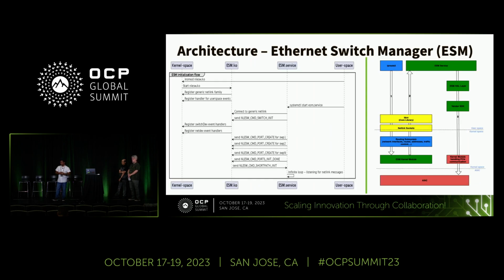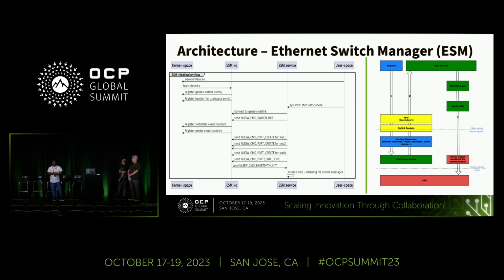Diving deep a little bit more, I'll use some scenarios and signal flows to explain how the design actually is implemented. That'll give you some more idea and hopefully answer some of the questions or maybe trigger more questions. So Ethernet Switch Manager essentially, like I said, has a kernel module and a user space agent.